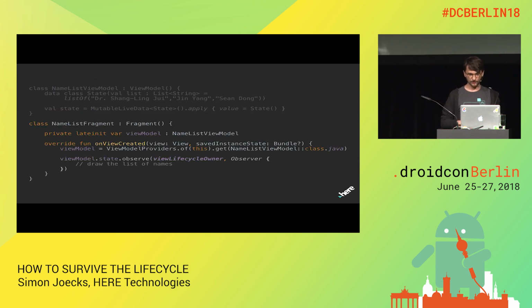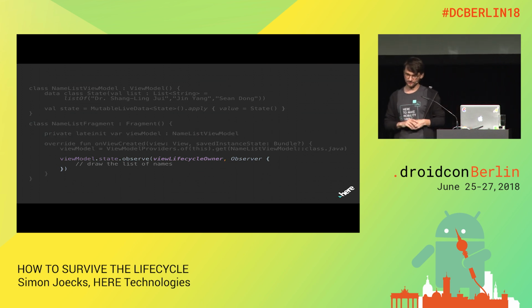Then in the fragment, on view created, we're going to use the view lifecycle owner to observe only the changes of this particular list. And we are good to go. For a simple application, I guess that's the 90% case for you to manage both moving around from one fragment to the other, composing everything, and having a safe ground here.